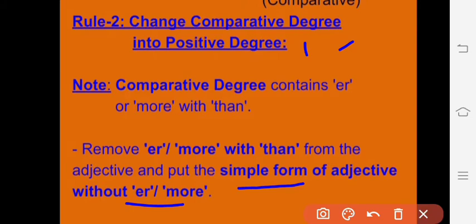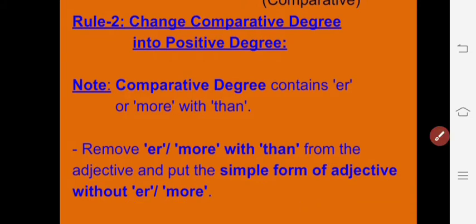Cleverer, if it is given, is called comparative degree. But if you want to convert into positive, you have to remove er and simply place clever. More beautiful, remove more and simply place beautiful. Now let me clarify with some examples.